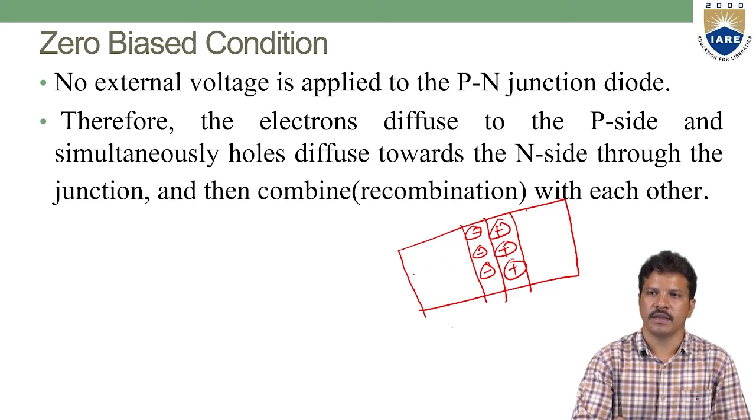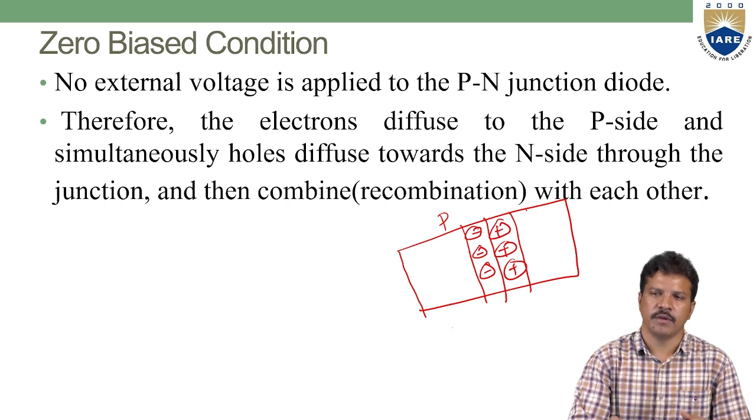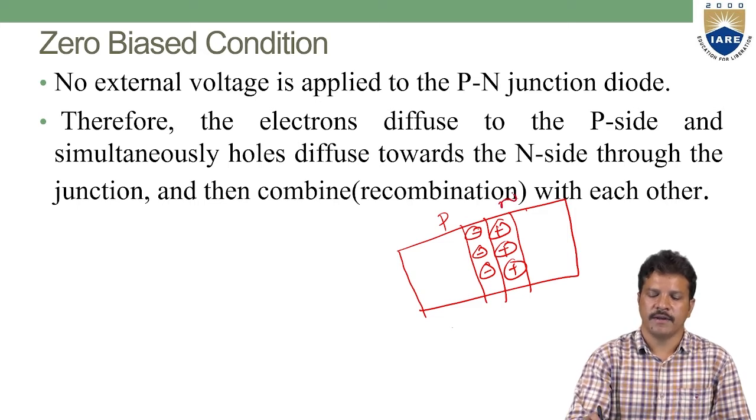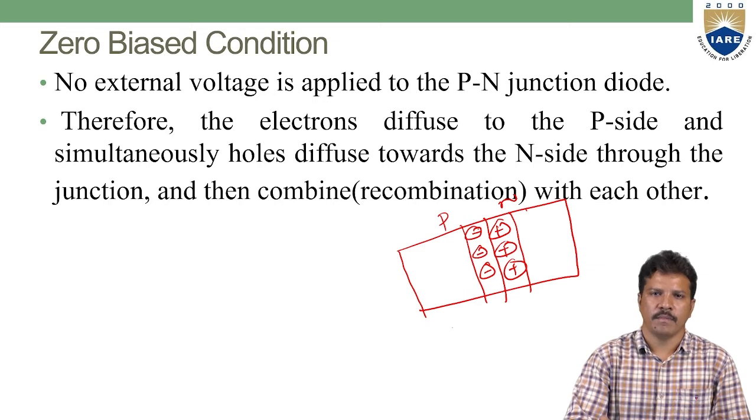The remaining will be the same. Whenever the p side accepts 3 electrons, 3 acceptor negative ions are formed, and on the n side positive ions are formed.